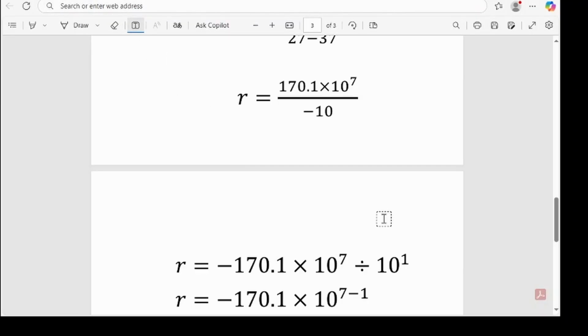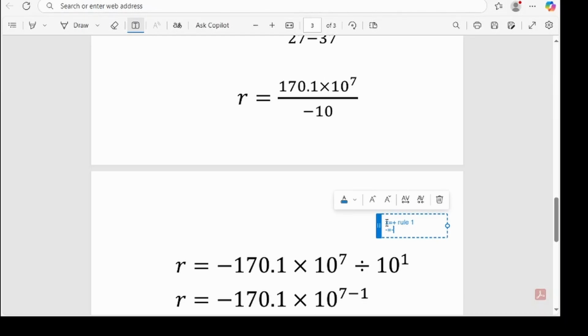Whenever there is multiplication, it means addition. Okay, that's the first rule. The second rule is that division means subtraction.